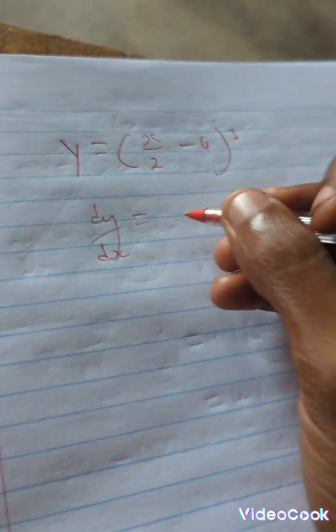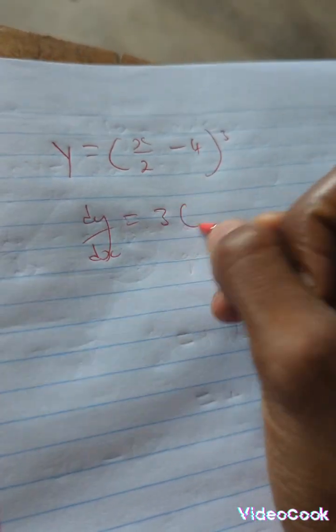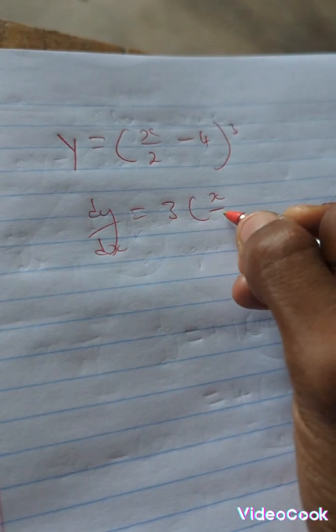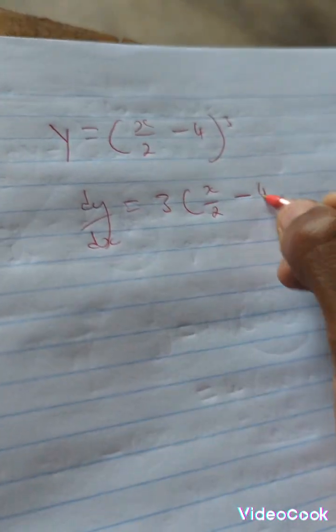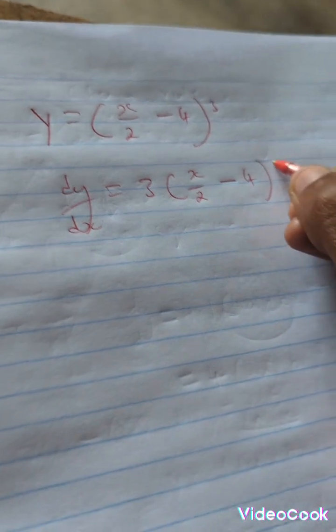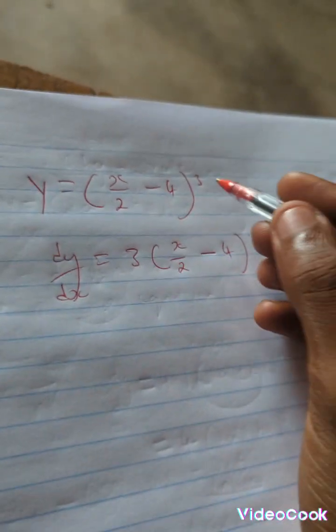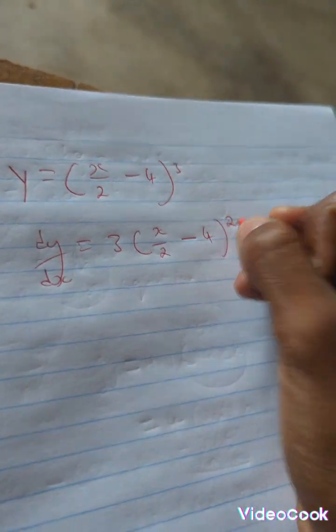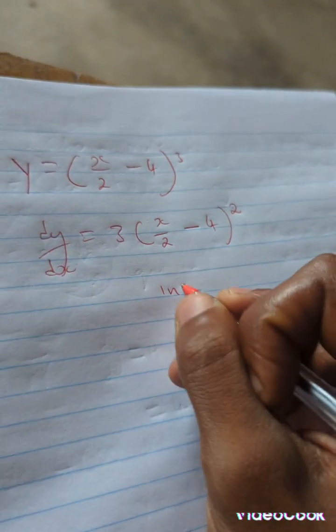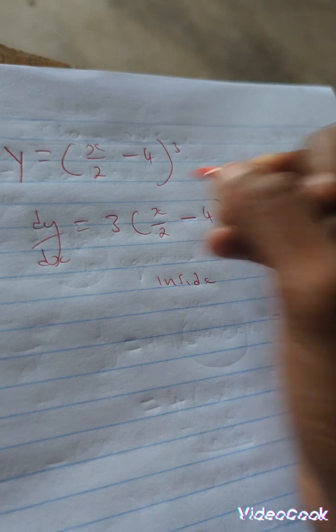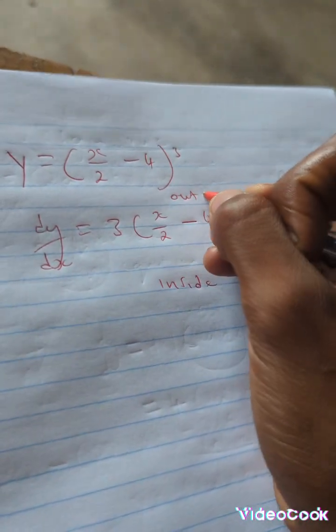So we're going to start. dy over dx is equal to the outside equation, which is 3 times (x over 2 minus 4), then we all know that it will be 3 minus 1, which is 2. Then we go to the inside equation. So this is our outside.